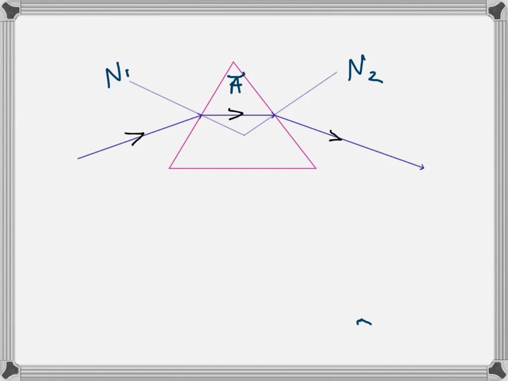Got it? Okay. Then from the geometry of this, if we call this theta 1, and we call this theta 2, we call this theta 3 and this theta 4. Saw the angles?